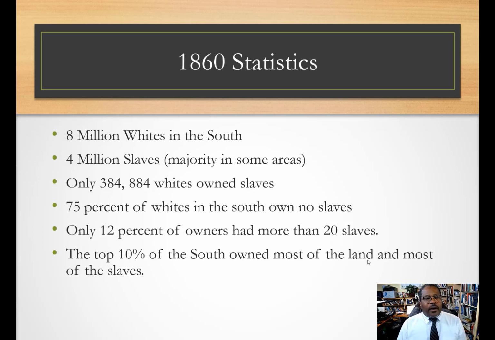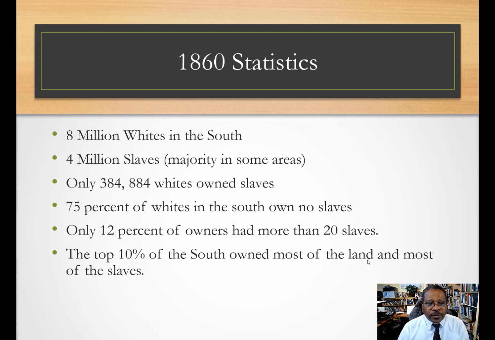Okay, if you think about where the country is by the first year of the Civil War in 1860, there were 8 million whites in the South, 4 million slaves. They were a majority in some states like South Carolina. They were almost 40% of states like Virginia.